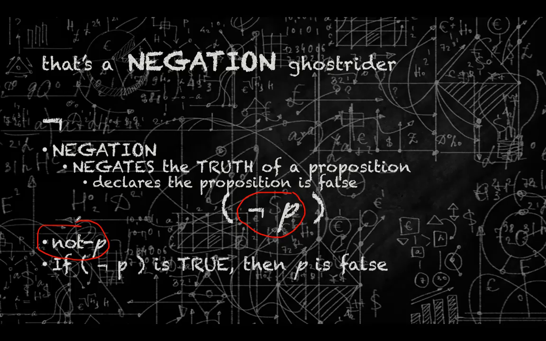So if not P is true, then P is false. Okay. All right. Do you understand that, JP? Yes. A little bit or not? I understand, but no. Okay. All right. So this first one is just the negation. And you can think of it as just subtracting the truth from the proposition.